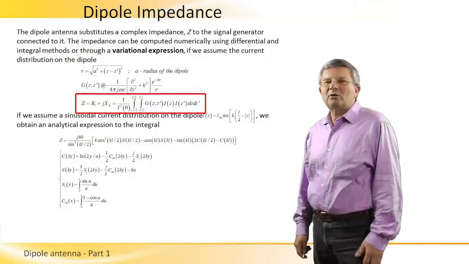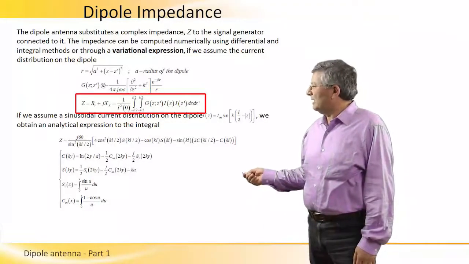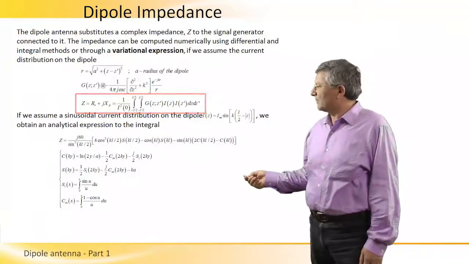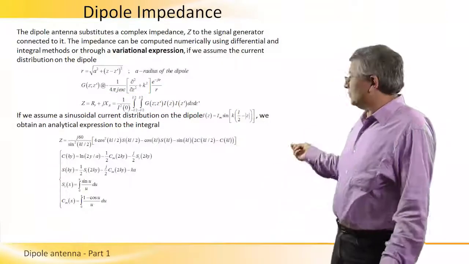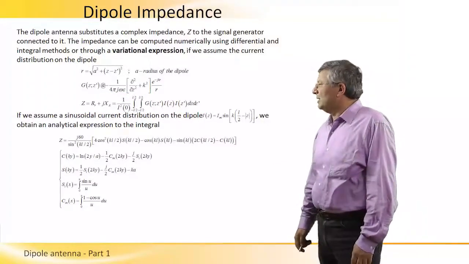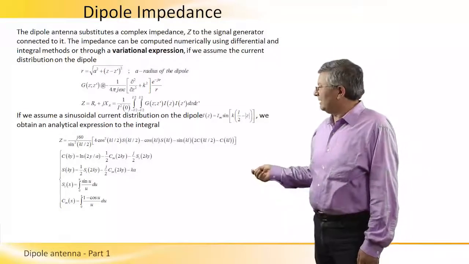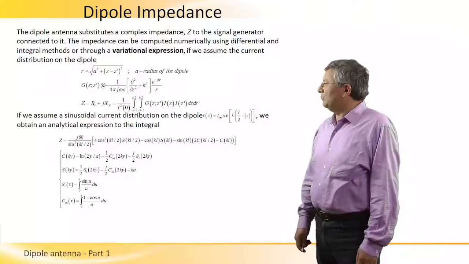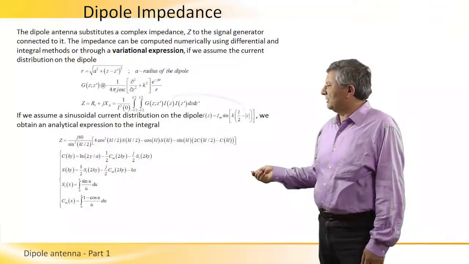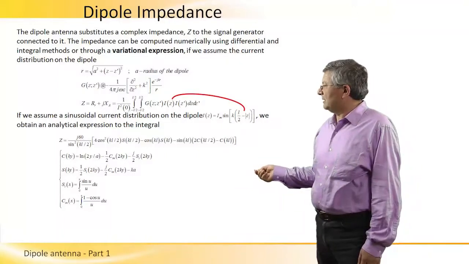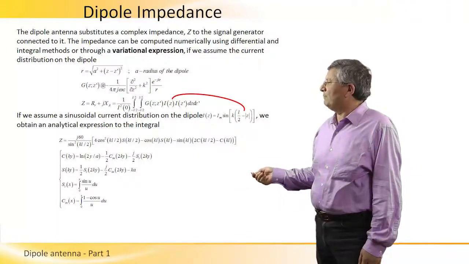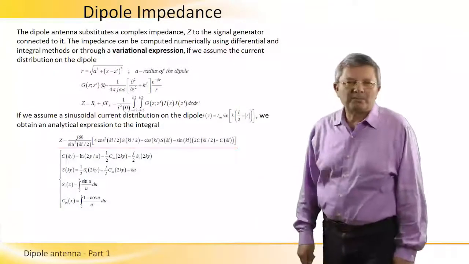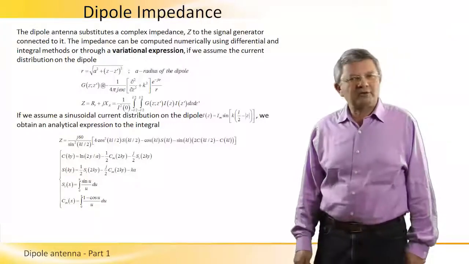We can have an estimate of the current distribution, and we still get a very good approximation of the complex impedance. So if we assume, for instance, a sinusoidal current distribution on the dipole, like expressed here, we can obtain an analytical expression for this integral by substituting this current distribution into the integral and performing the integral. And this is the analytical form of the complex impedance.